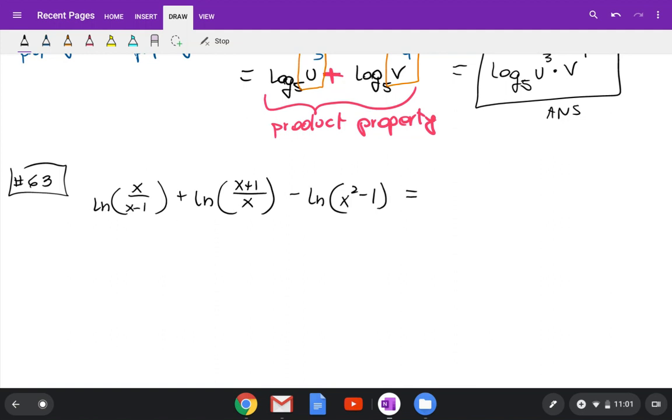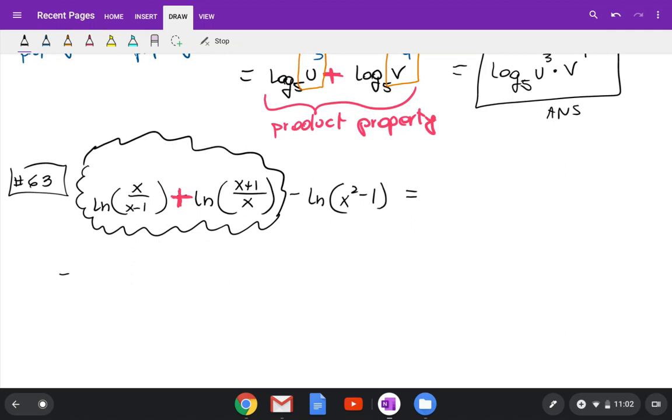Okay, so first of all, since you only have the plus and minus, which are the sum and difference operations, you're working from left to right. So what I recommend first is to start with simplifying the first two logs. Nothing in front of log, nothing in front of log here. So we don't need to worry about the power property. And you have a sum. The sum of two logs can be rewritten as a single log, and we're going to multiply those expressions.